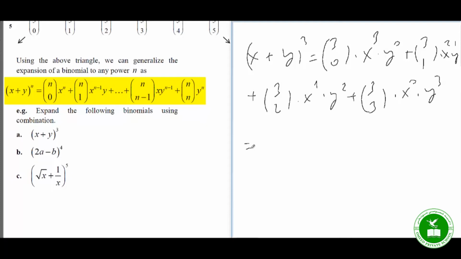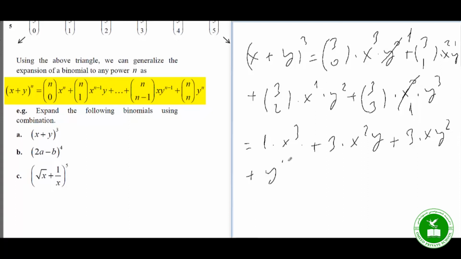This is equal to: the combination of 0 from 3 is 1, times x cubed, times y to the power of 0, which is 1, plus the combination of 1 from 3, which is 3, times x squared y, plus the combination of 2 from 3, which is also 3, so 3 times x times y squared, plus the combination of 3 from 3, which is 1, times y cubed.